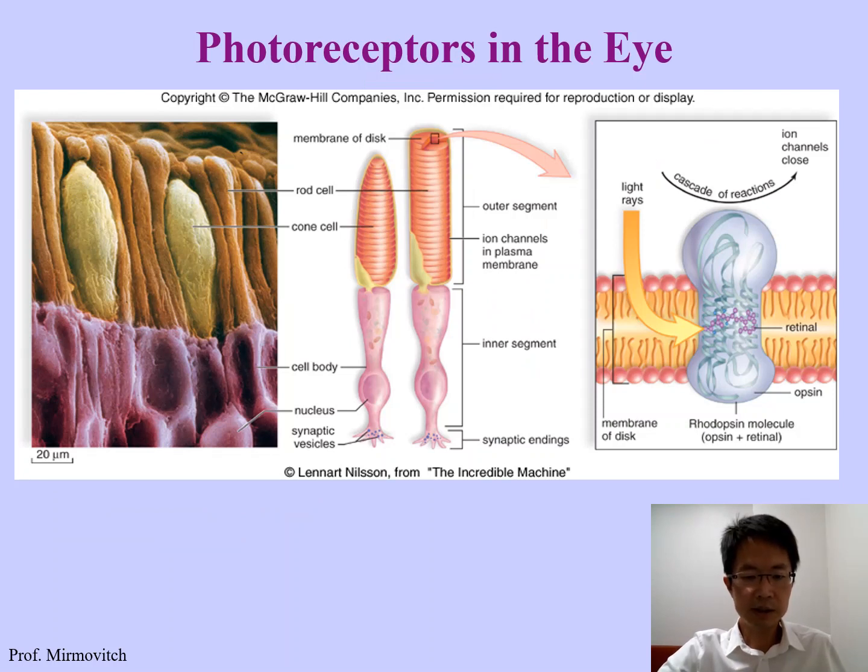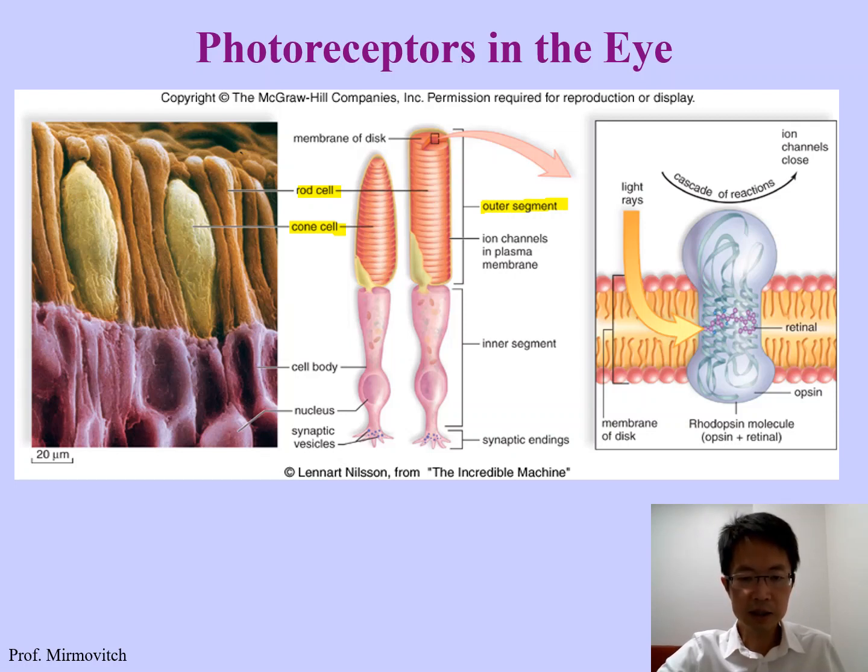So as you can see, this is cone cell. Cone cell looks like a cone, rod cell looks like a rod. In the outer segment here, you see a lot of bands. These bands are the discs.